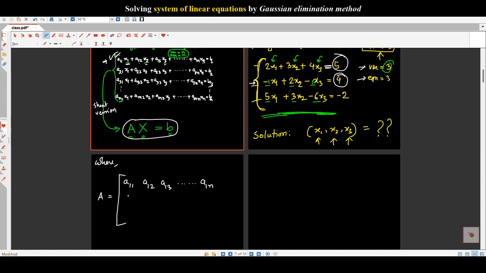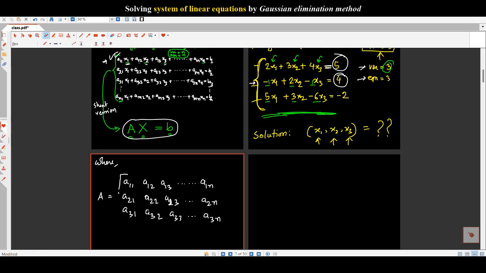Similarly, from the second equation, we can find a21, a22, a23 up to a2n. Similarly, a31, a32, a33 up to a3n.